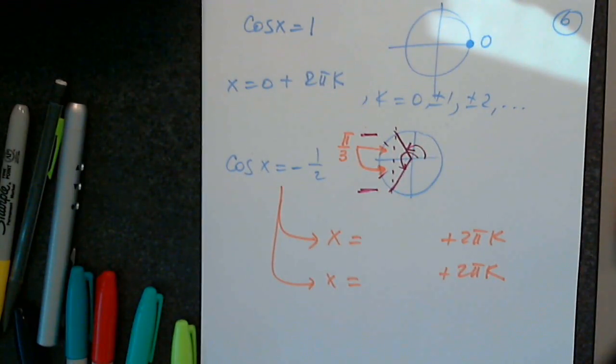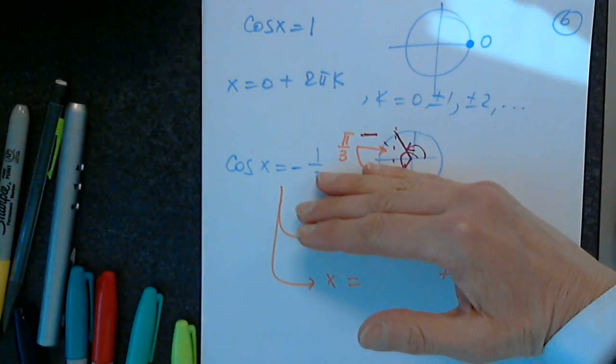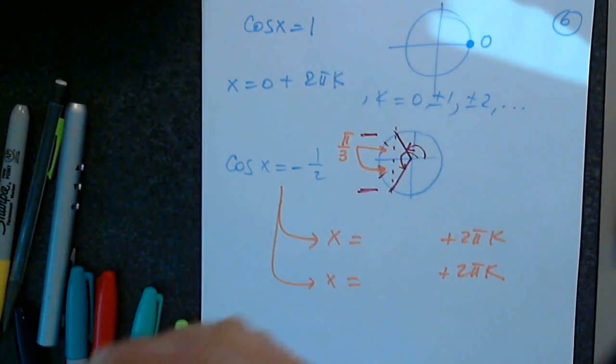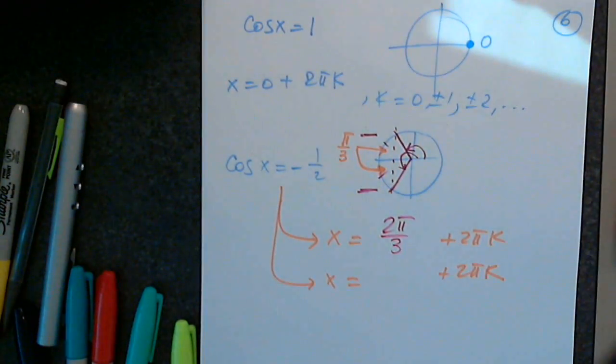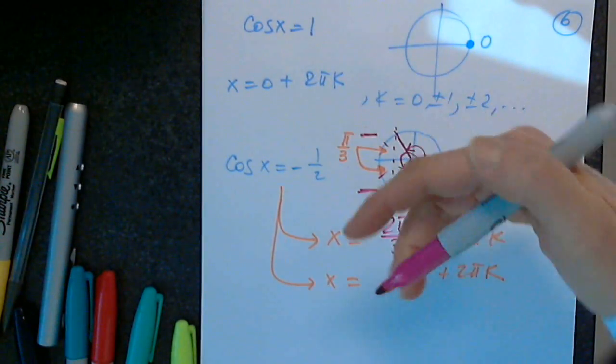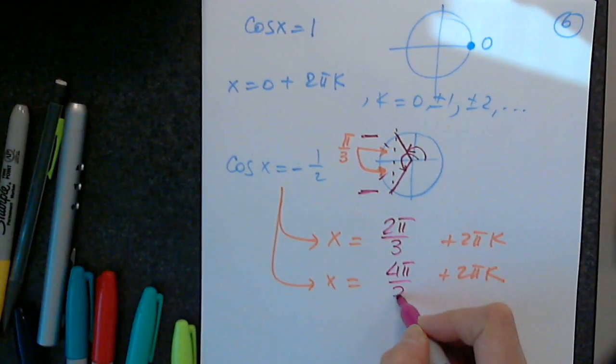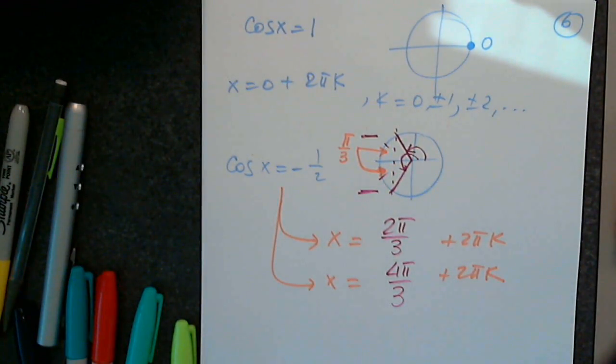It's 2 pi over 3. So I have pi minus pi over 3. Very good. 2 pi over 3. And 4 pi over 3. Yes. And pi plus pi over 3, 4 pi over 3. Very good. Is this clear how we got to 2 pi over 3? Yeah. Is it clear how we got to 4 pi over 3?